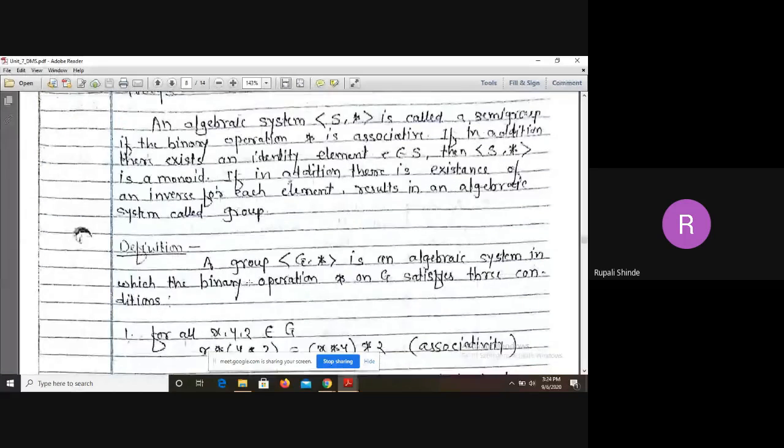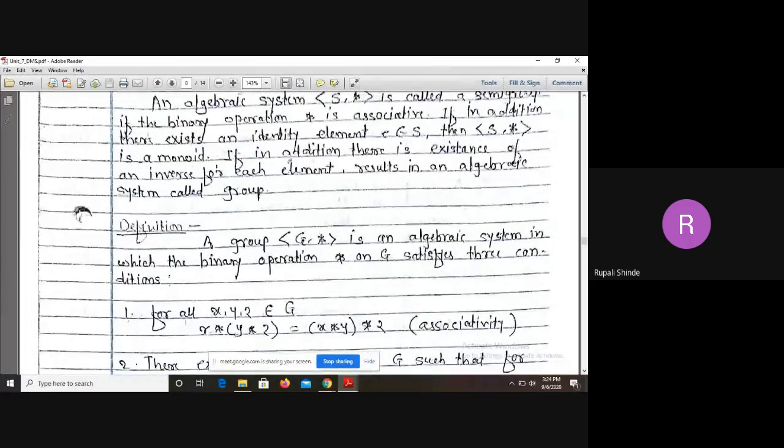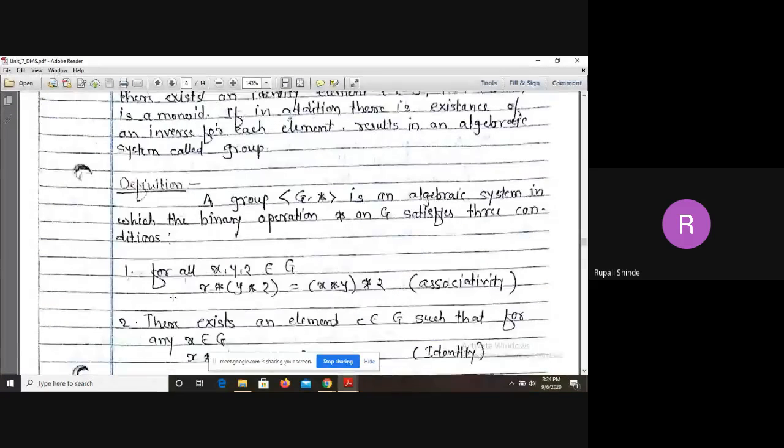Here the definition is given. A group (G, star) is an algebraic system in which the binary operation star on G satisfies three conditions. They have given three conditions, but we can add the closure property as the first one, because that is also necessary.